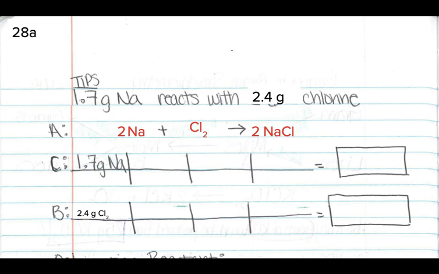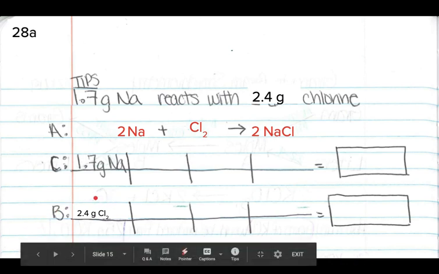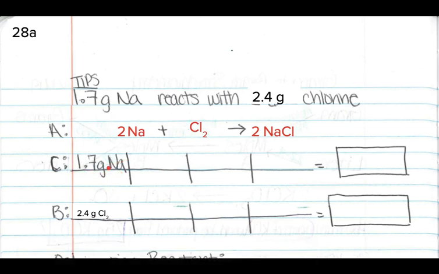Okay. So again, I'm just going to check your work here and give you very brief explanations. If we're starting with 1.7 grams of sodium, then we're going to say grams of sodium at the bottom. There's 22.99 grams of sodium in 1 mole of sodium. All right, there's your gram to mole conversion. Next step is mole to mole conversion.